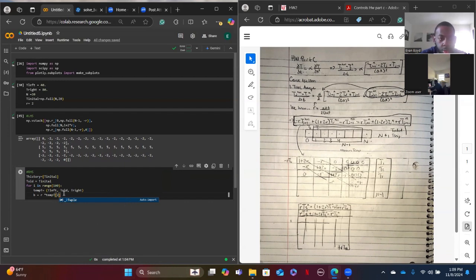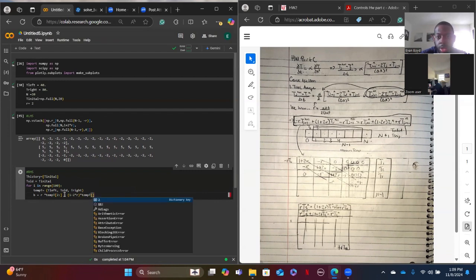Usually in the middle will be 1 colon -1, to the end. So we start at position 2 because we have a +1 position step, and we'll go all the way to the end of the block. Plus B1 minus 2 times R, times temp T.